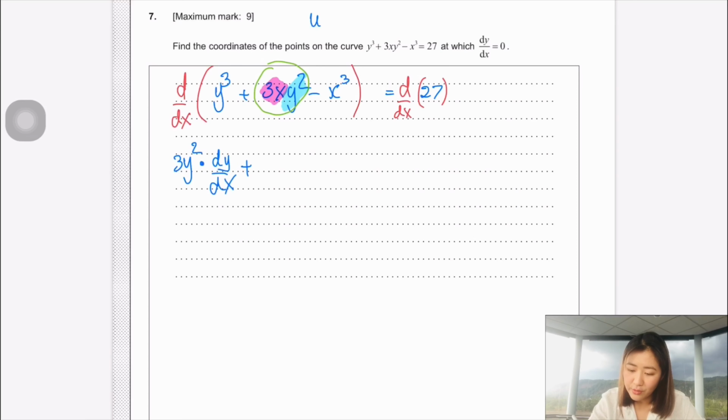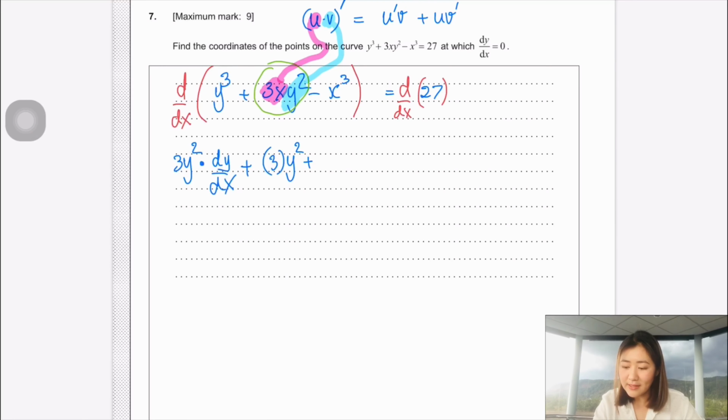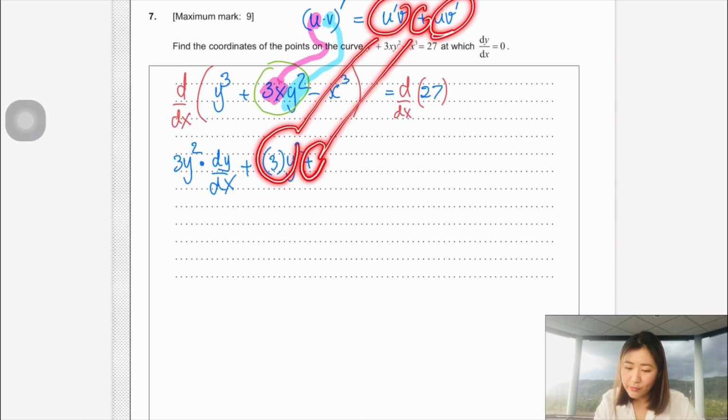If you have u times v differentiate here, it's u dash v plus u v dash, right? So right now your 3x is u and your v is y squared. First of all we differentiate u and then times v. So differentiate 3x, you get 3, and then you times v, which is y squared, and then you have to plus uv dash.